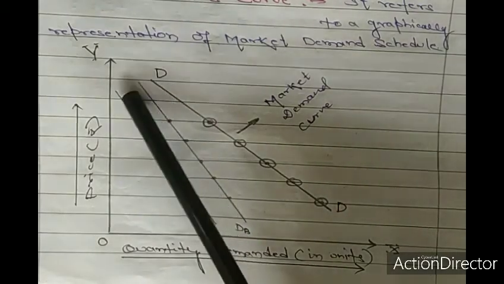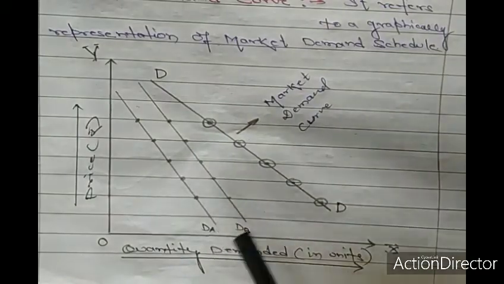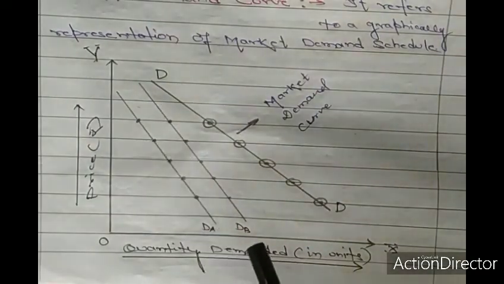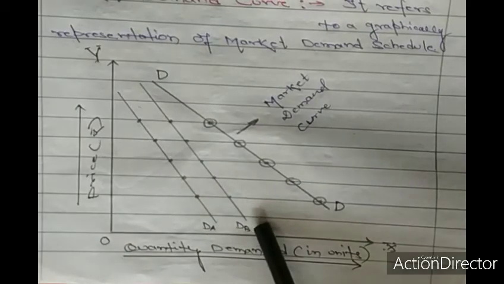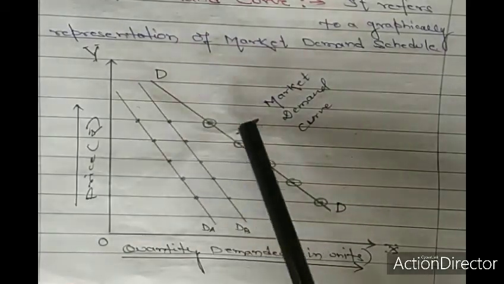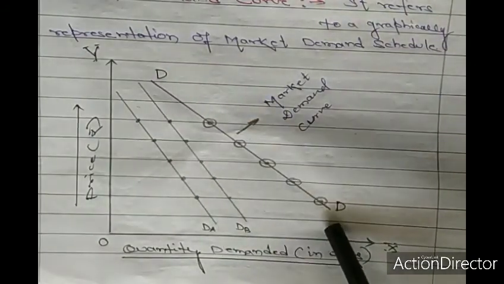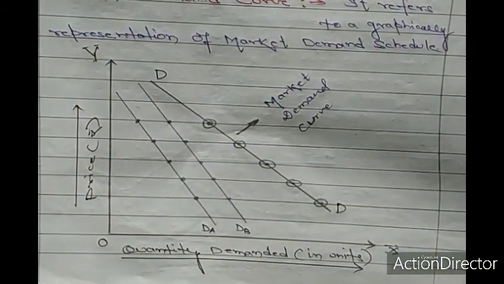This is the curve of household A, DA, and this is the curve of household B, DB. If we add all this, it becomes like this. This is the market demand curve. When we add the quantity demanded by household A and by household B, the final values were 3, 5, 7, 9, 11, like this.